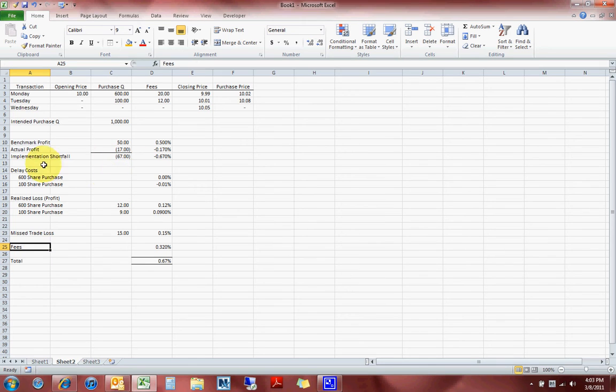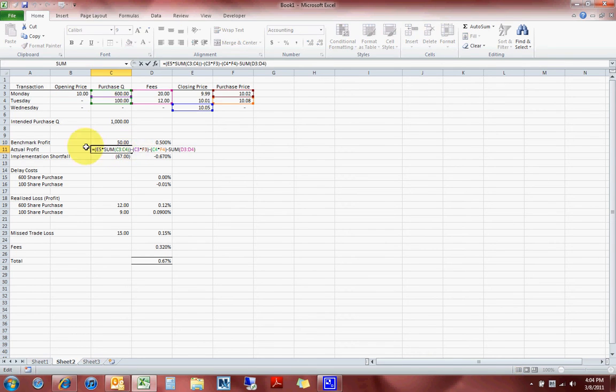Basically, to start off, I calculated the implementation shortfall in total in dollar terms. So you can see that the benchmark profit is $50, which is the closing price at the end of the period minus the beginning price times the quantity that I was intending to purchase. So that's $50.